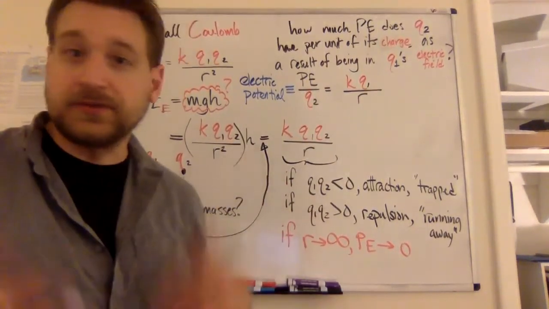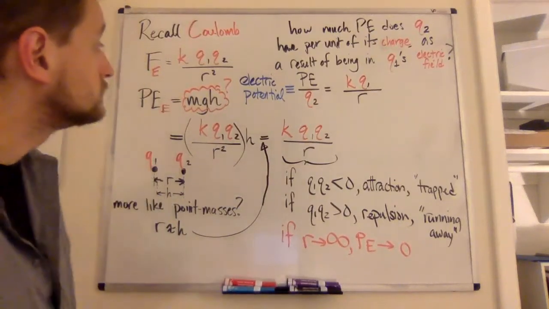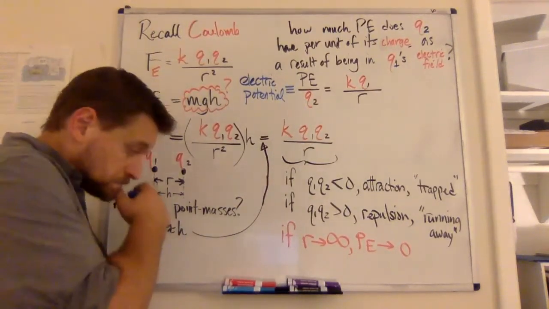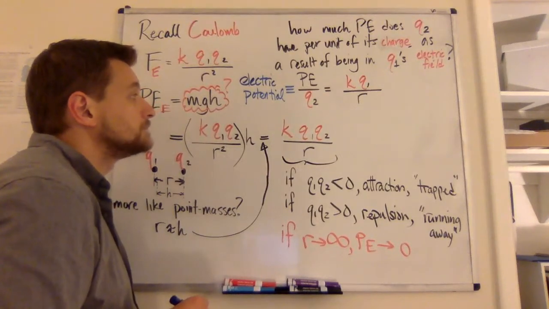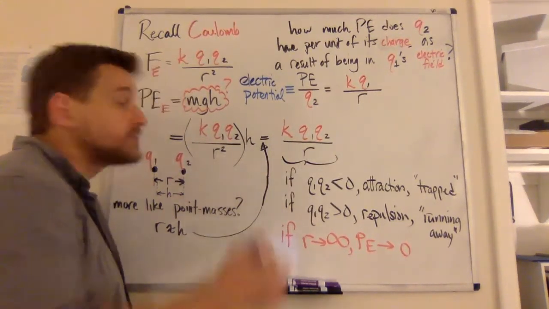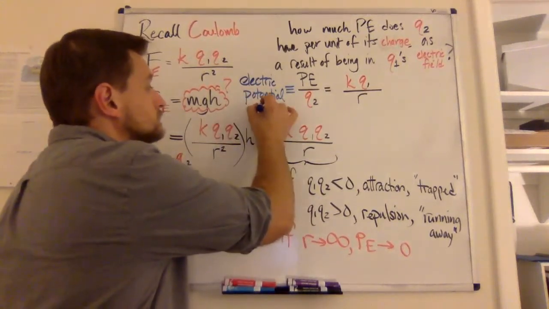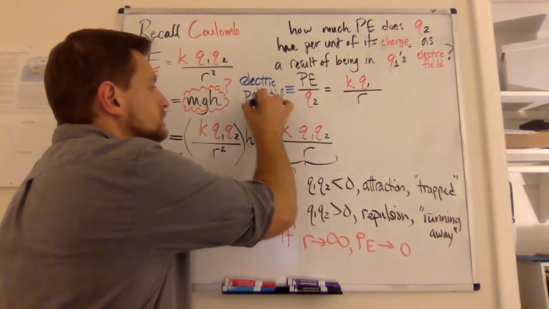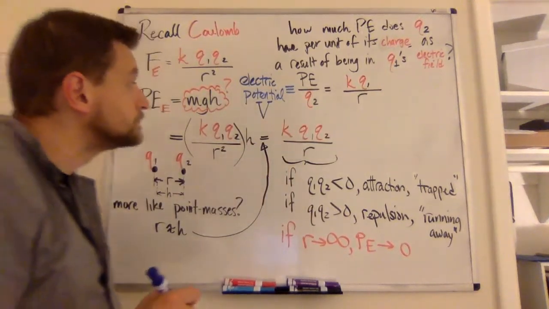It's not equal for any other reason than we say so. The symbol I'd like to use for electric potential is a capital V.